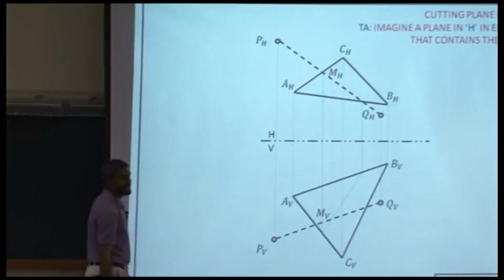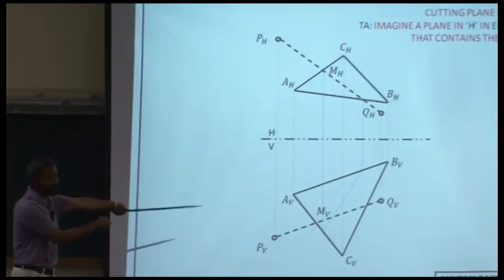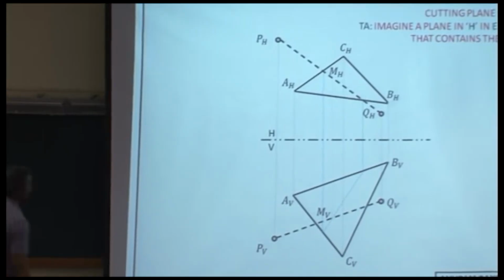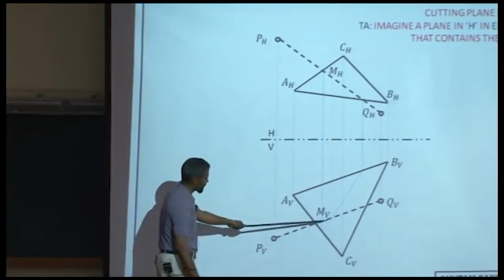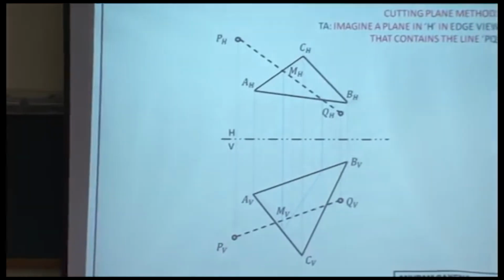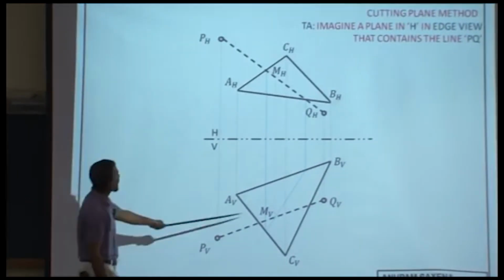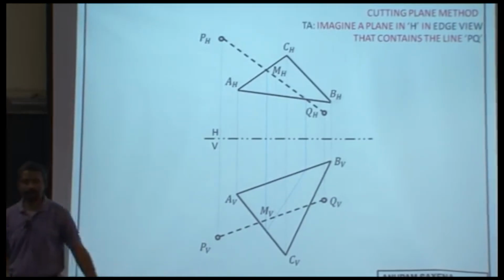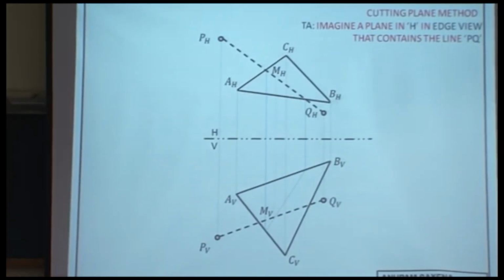This would be the line of intersection between that imaginary plane and the plane ABC. That line of intersection, the blue dotted line, is going to be intersecting the line PQ here. Okay. So you would realize that MV and MH, they are the same points, whether you use the auxiliary view method, the edge view method, or the cutting plane method, they would have to be the same.